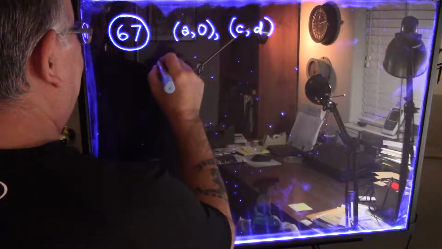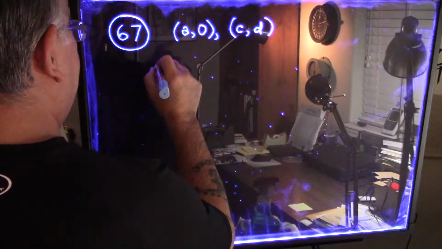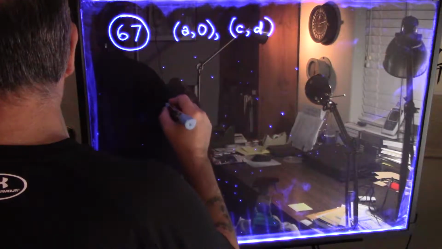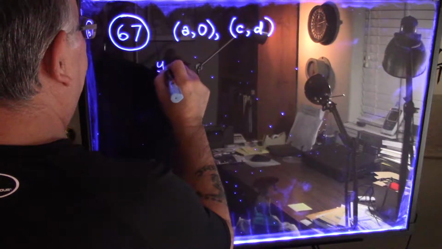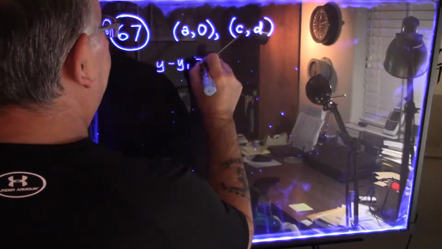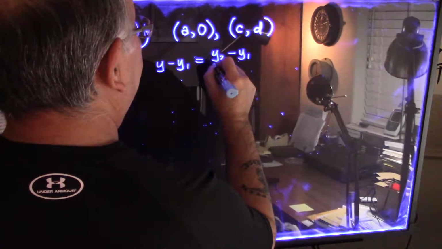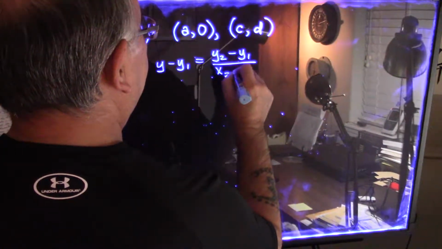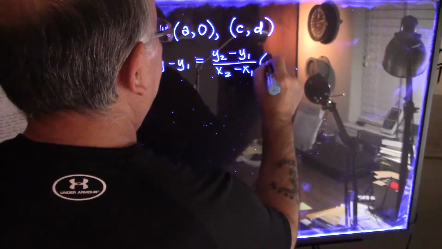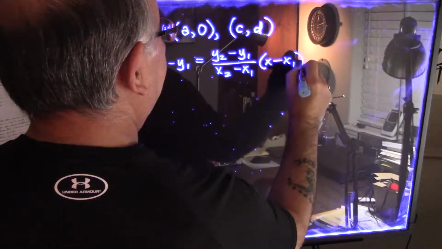There's more to it than that, but anyway, we've got 2 points, so I'm going to use the 2-point equation for a line. y minus y1 equals y2 minus y1 over x2 minus x1 times the quantity x minus x1.